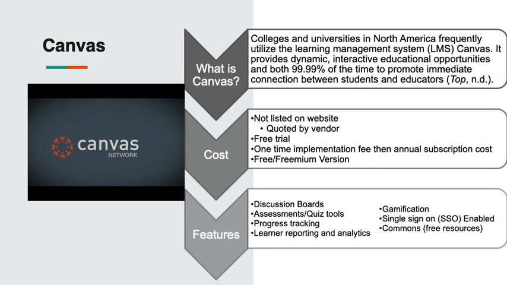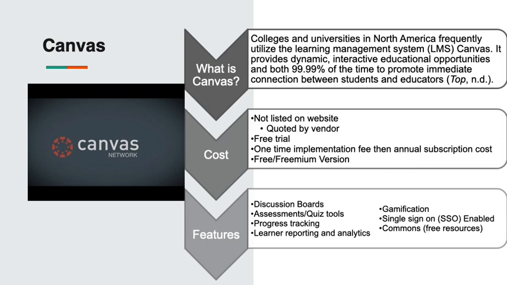The cost is not listed on the website, but you can get a quote by a vendor, so you would have to call them. There is a free trial, though, and if you decide that you want to go with Canvas, there is a one-time implementation fee, and then there is an annual subscription cost. But there is a freemium version as well.